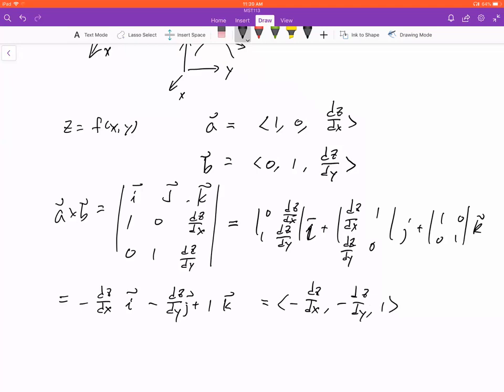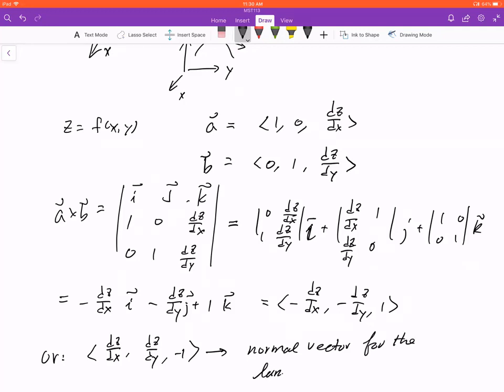Of course, we can use either this or we can use its opposite direction. That means (dz/dx, dz/dy, negative 1). And that's our normal vector for the tangent plane.